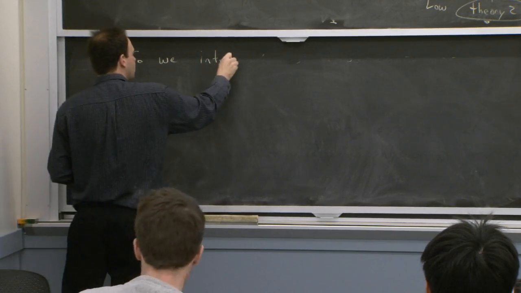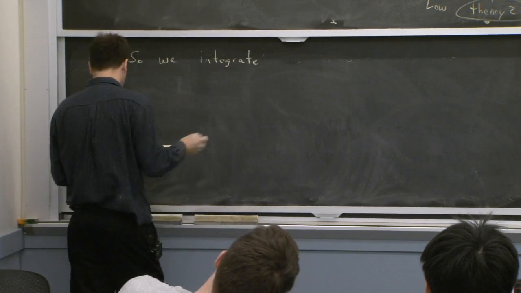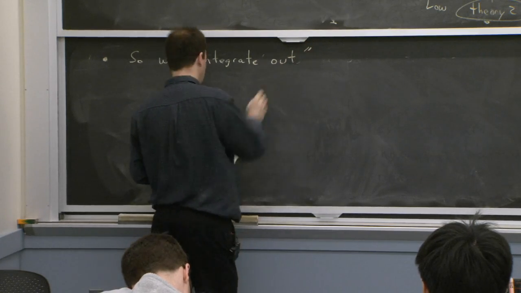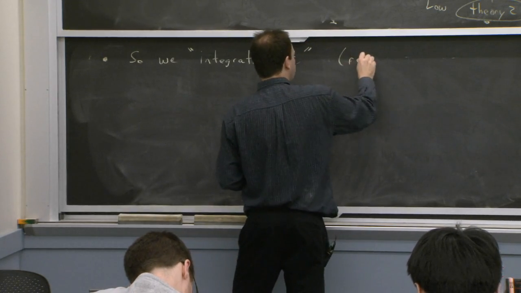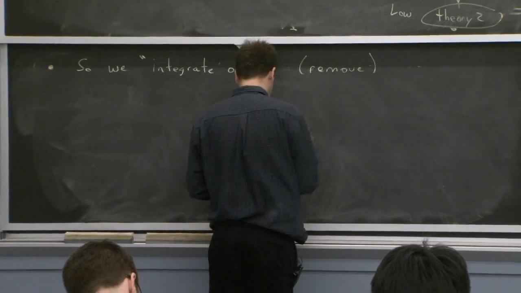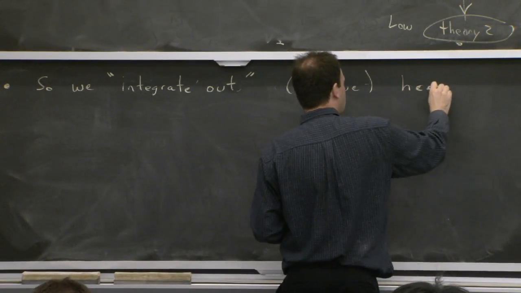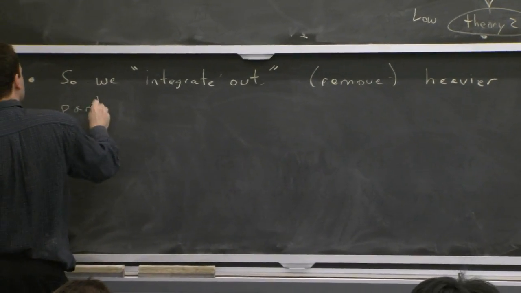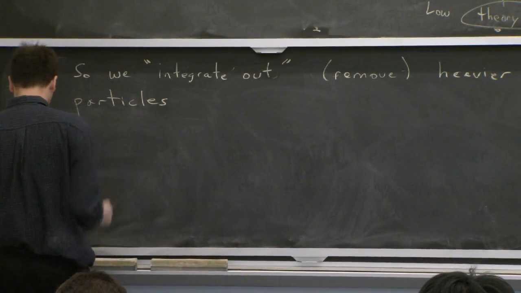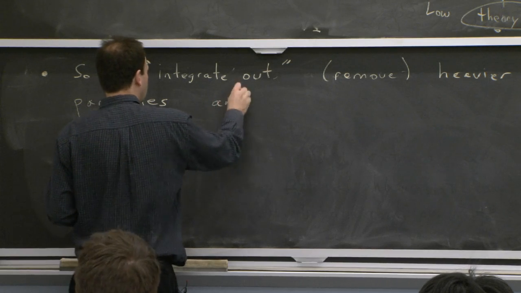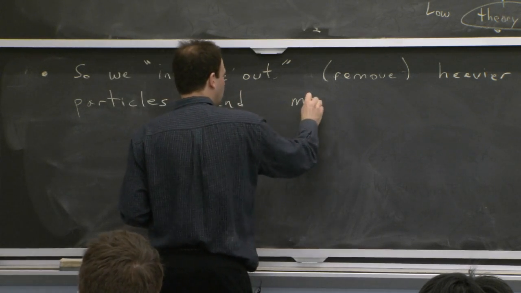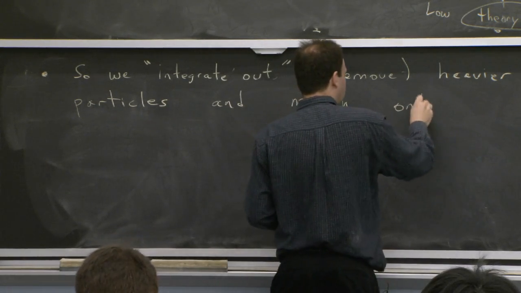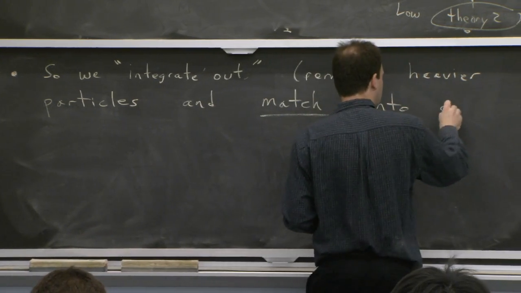So what we can do is we could just start calculating things in theory 1 and integrate out, i.e. remove, the heavier particles. And in doing that, we can do what's called matching onto the low energy theory.